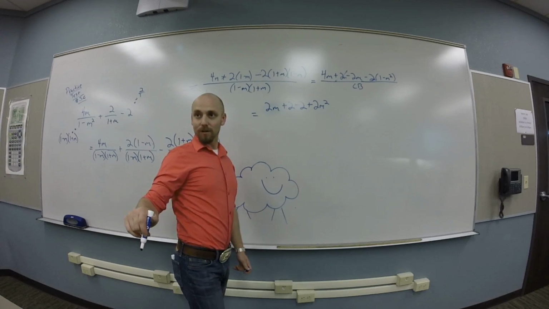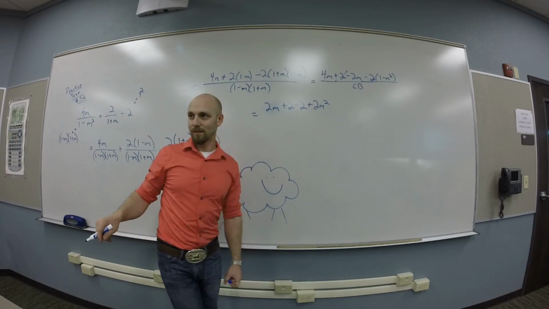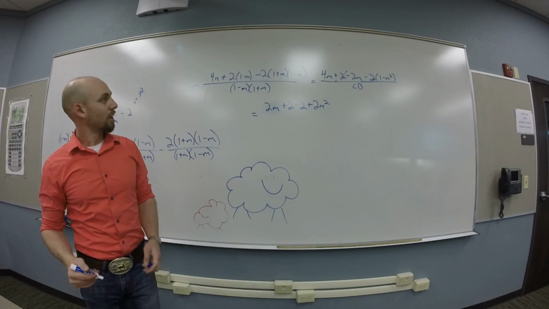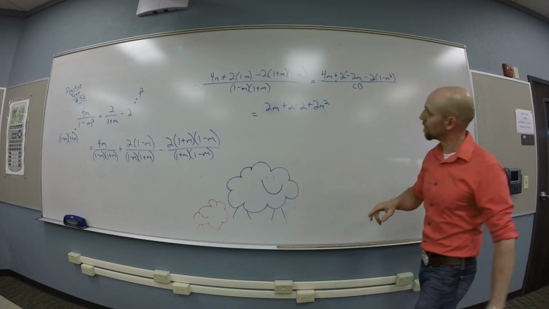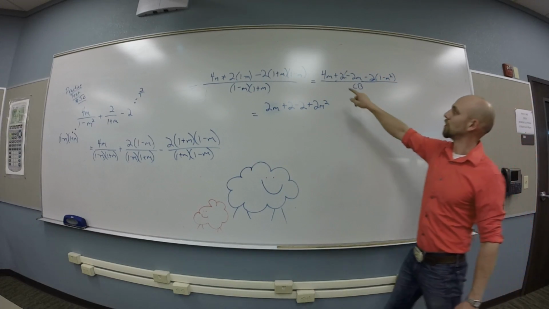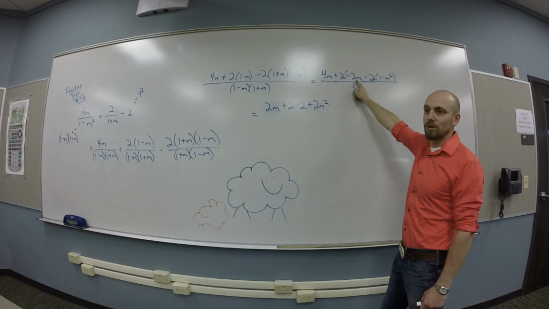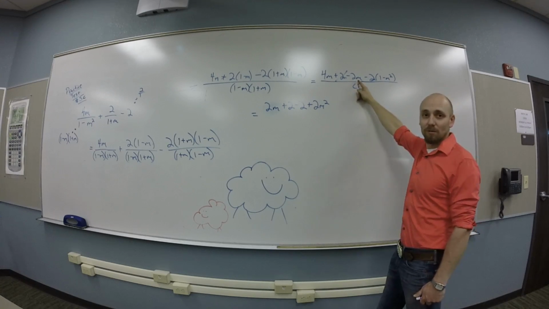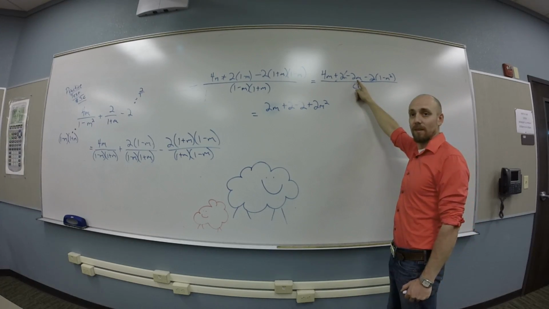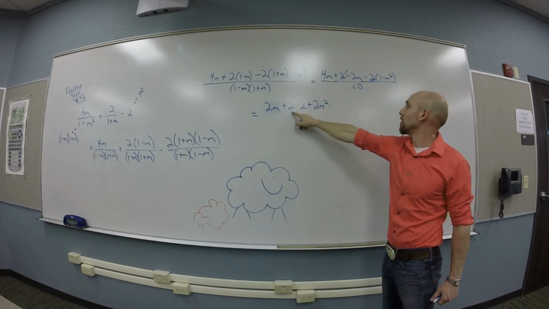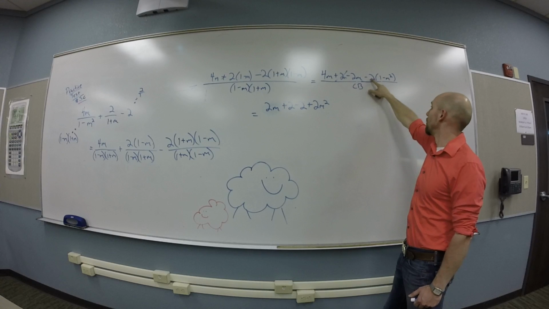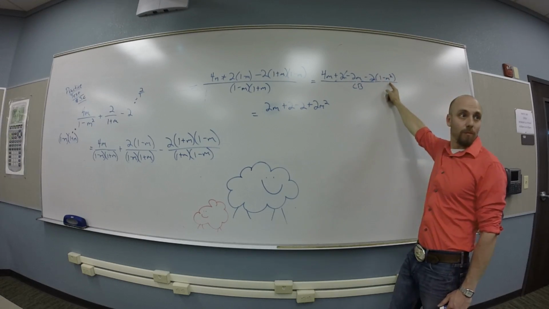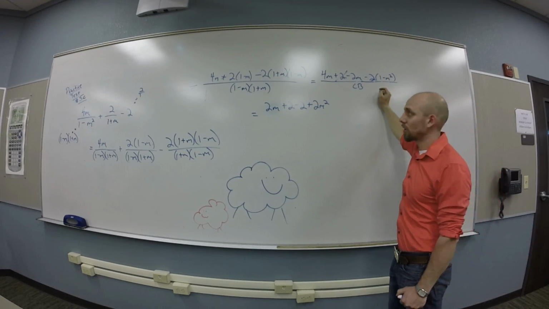Or did I screw up? I combined this and this, got 2m, which I probably shouldn't have done because that was confusing. And then I've got a plus 2, and then I distributed this negative 2 through. So I got a negative 2, and then a positive 2m squared.